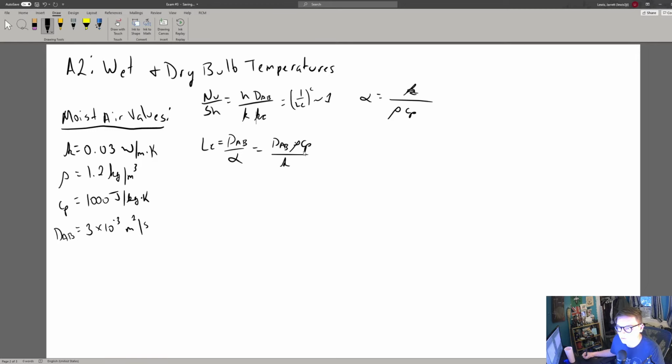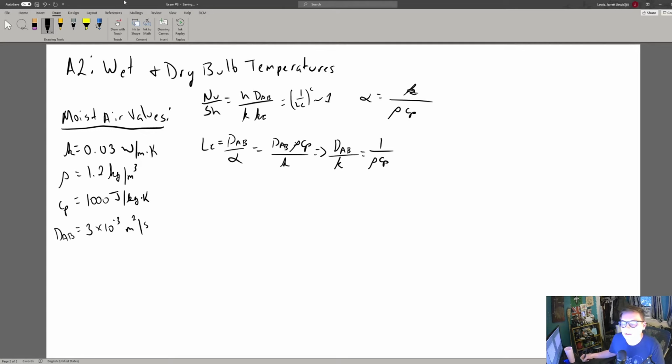So we'll have the mass diffusivity divided by the conductivity is equal to 1 over the density times the heat capacity.